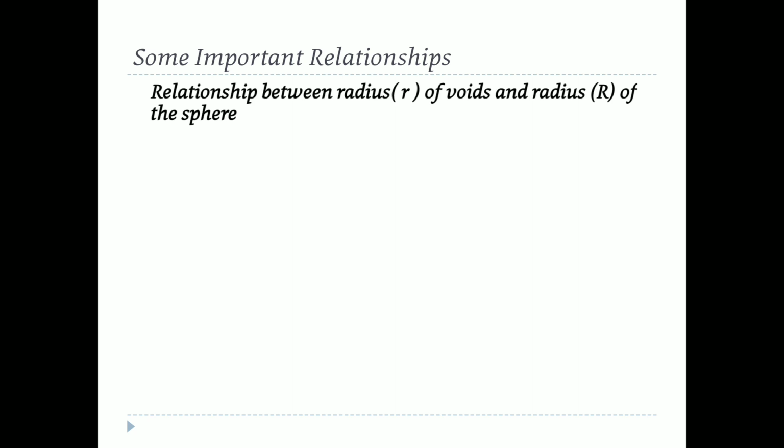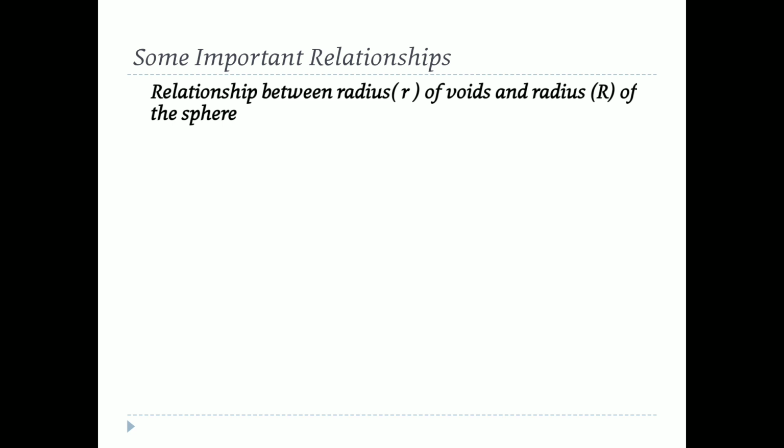Now coming to some important relationships. The relationship between the radius r of the void and the radius R of the sphere. Guys, in our theory we have studied the relationship between the tetrahedral void, octahedral void and sphere. That is, for every n number of spheres there are n octahedral voids and 2n tetrahedral voids.